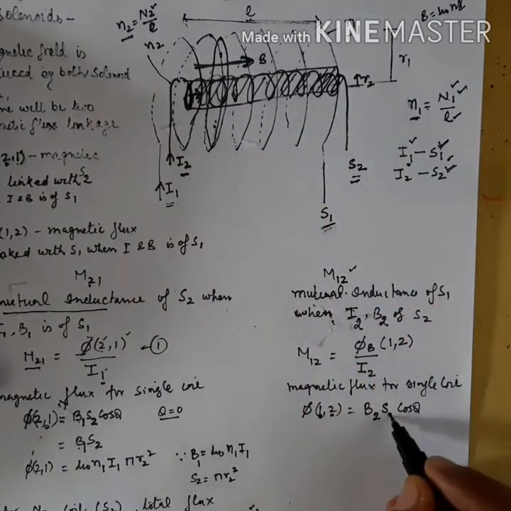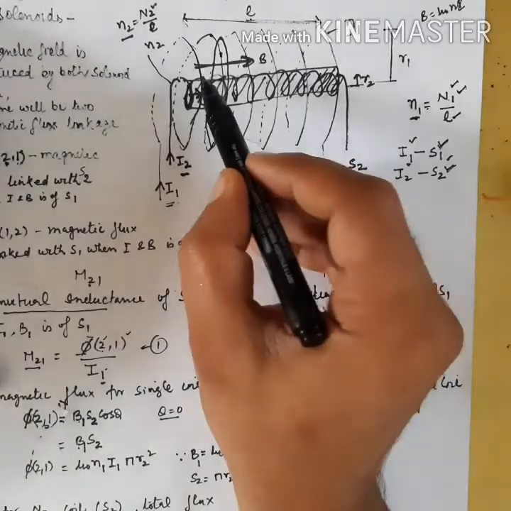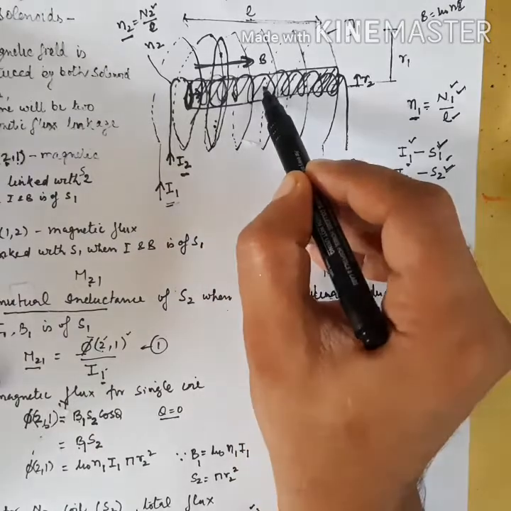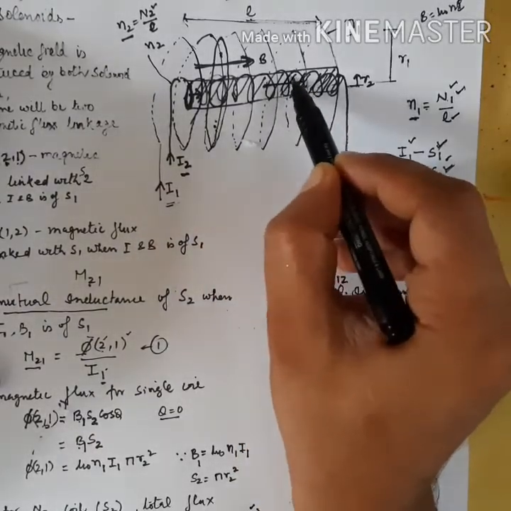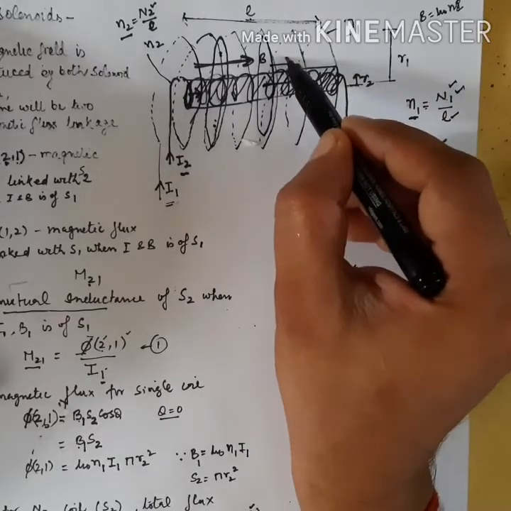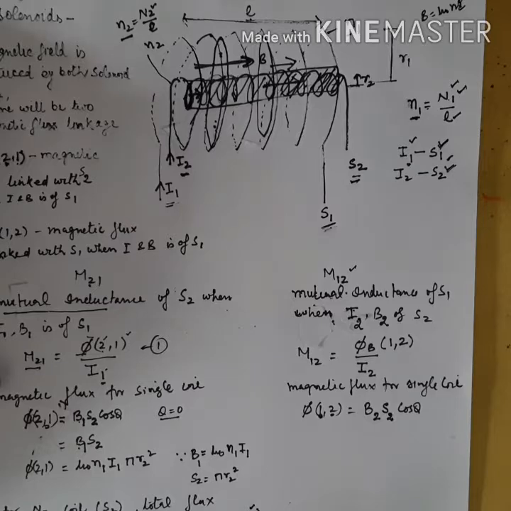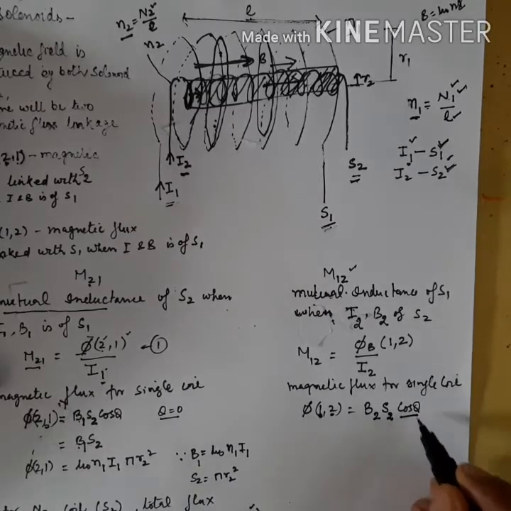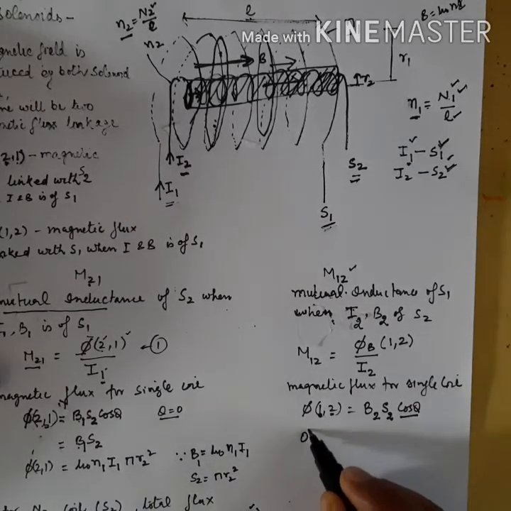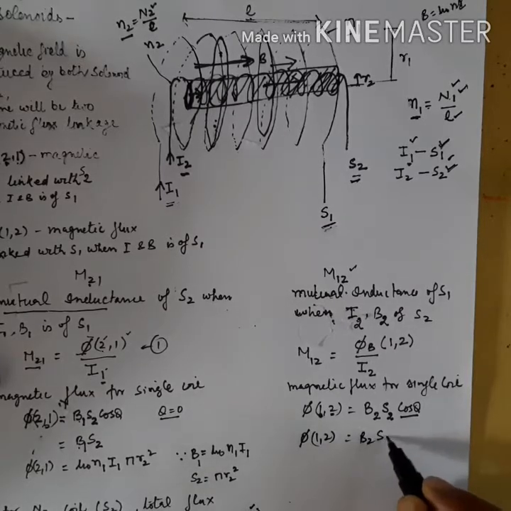So it will be again S2. Again theta: the magnetic field produced by this solenoid is horizontal, along this direction, and the direction of the surface area is also along this direction, which is always perpendicular to the plane of the loop. Both are in the same direction, so cos 0 is 1. So we get phi 12 equal to B2 S2.